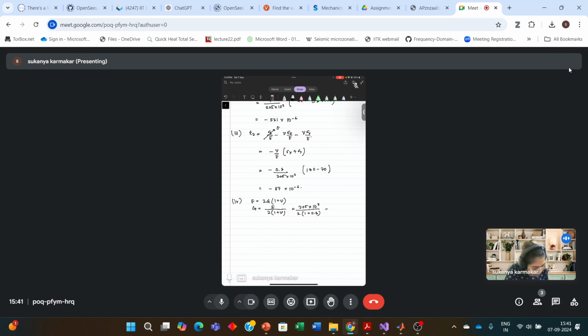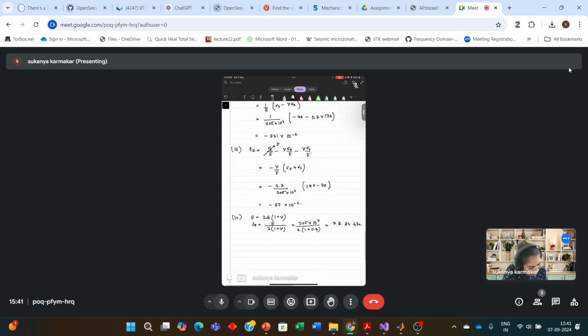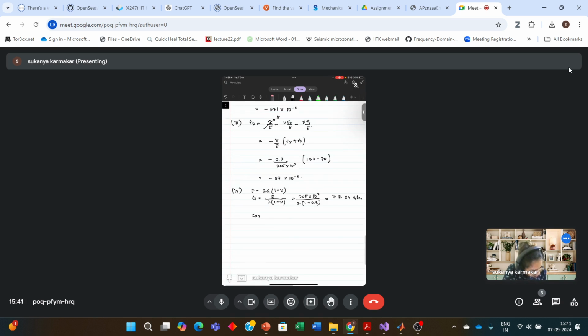This you will get to be 78.84 GPa. Now shear stress, that is tau xy, is equal to G times gamma xy, or shear strain gamma xy is equal to shear stress tau xy divided by G.